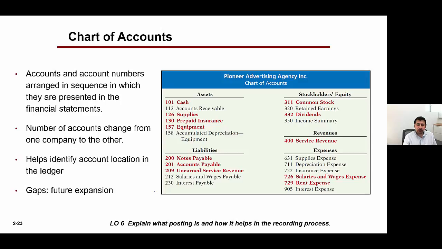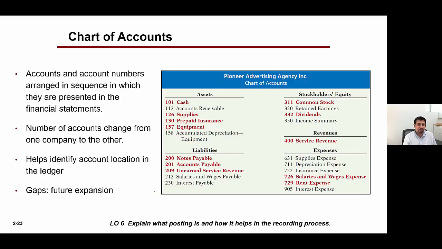Now the numbers that appear next to each account, there are gaps in these numbers, and those numbers are not standardized, so they depend on each company. Those gaps between each account number are left intentionally to allow for future expansion.